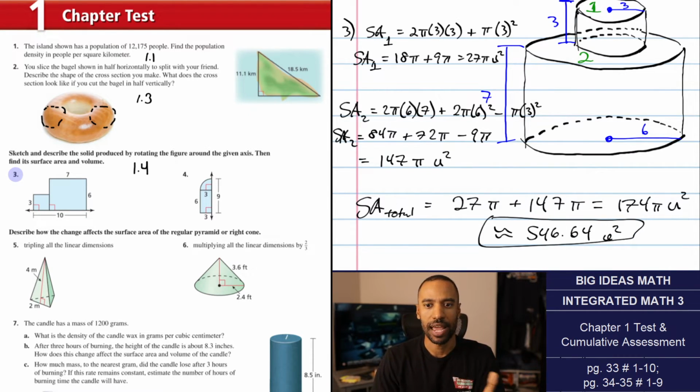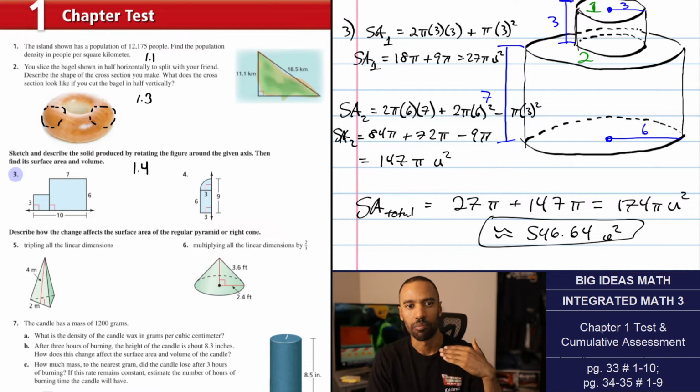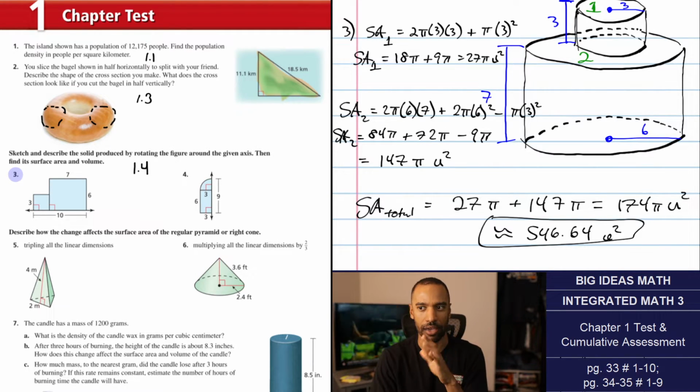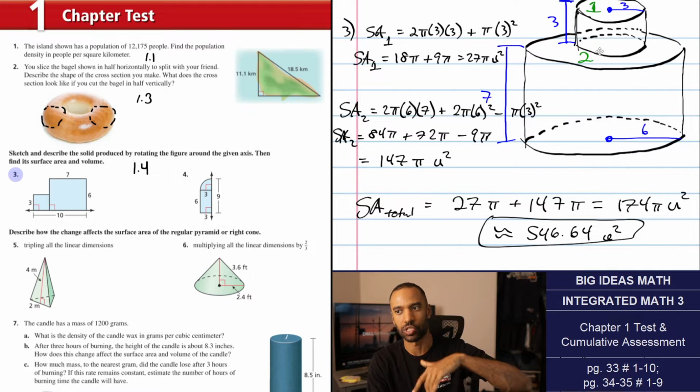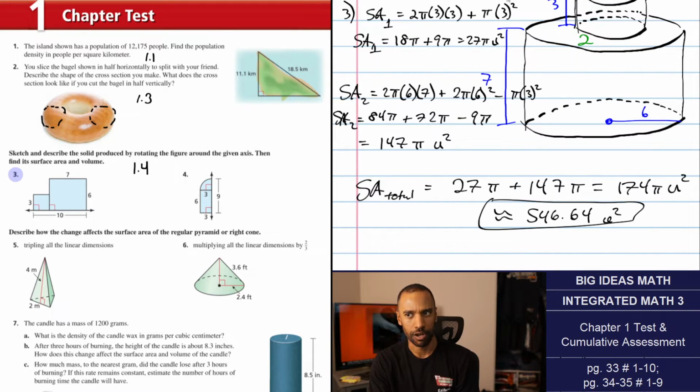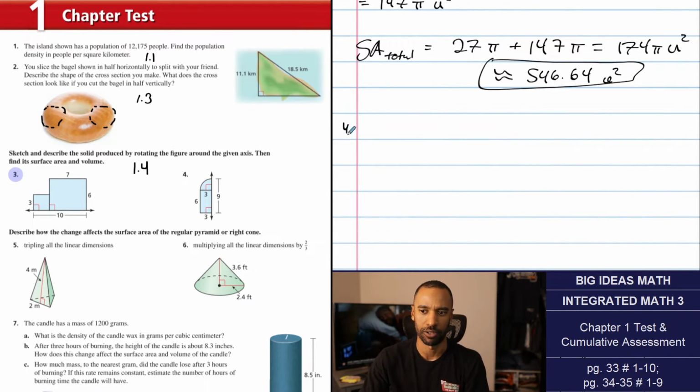So, it depends on how you want to configure the area stuff. I did end up just saying what was exposed for 1 and 2 and just added them in the end, or you could have subtracted the circle area twice. It's kind of your call, but that should be the final answer there.